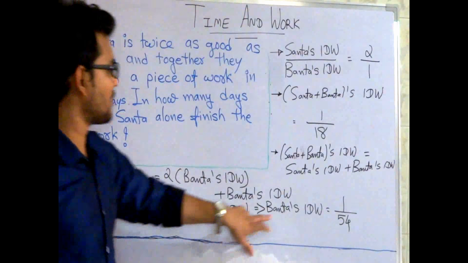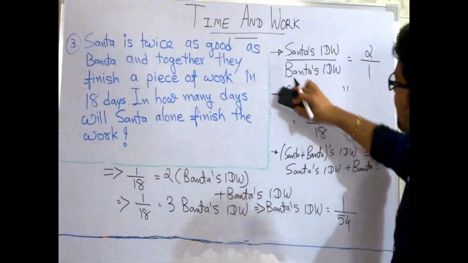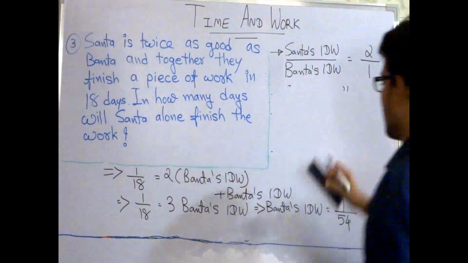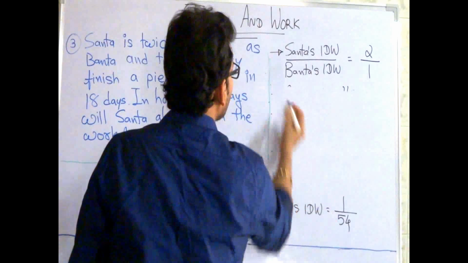What is the question? In how many days will Santa alone finish the work? We don't want Banta's answer. We want how long it should take for Santa. So we will put this value in this equation so that we will get Santa's answer. So Banta's 1 day work is equal to 1/54.